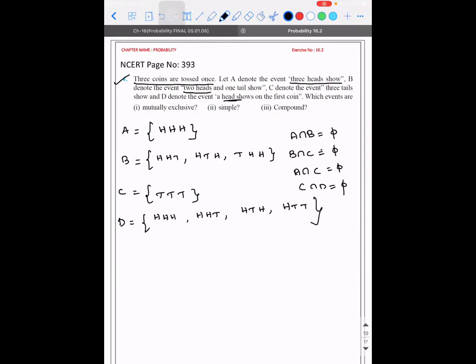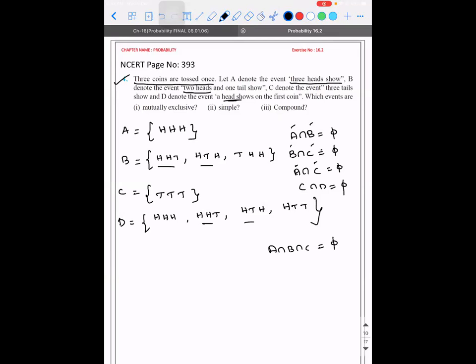HHT and HTH both match. So AB are exclusive, BC are exclusive, AC are exclusive. A, B, C taken together are also mutually exclusive. If I ask what is the intersection of A, B, and C together, that is also a null set.